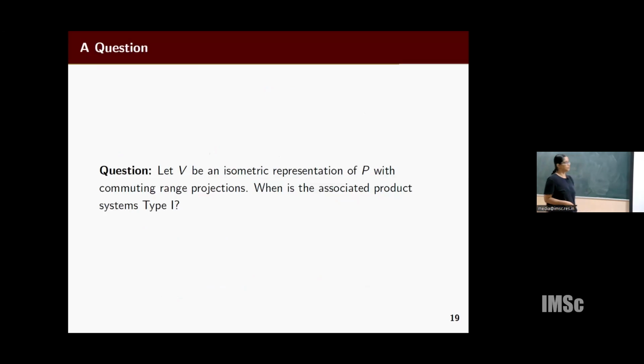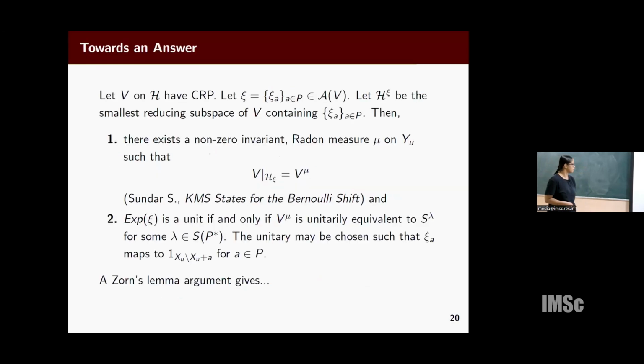So the question we will be considering: suppose you are given an isometric representation of P with commuting range projections. When is the corresponding product system of the CAR flow type 1? When is it generated by units, or when does it have enough units to generate the product system?